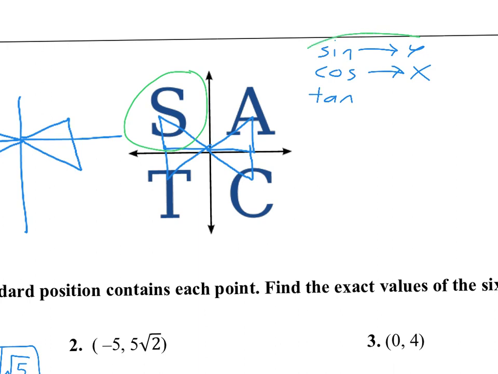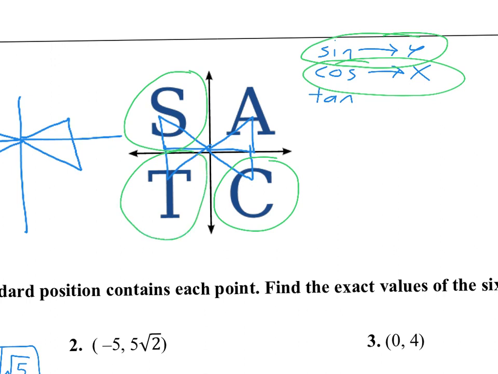Well, look, sine is positive and cosine is negative. In quadrant 2, x is negative and y is positive. Alright, let's skip to quadrant 4. In quadrant 4, x is positive and y is negative. So what's positive in quadrant 4? Cosine. Right, going back to quadrant 3, x and y are both negative.